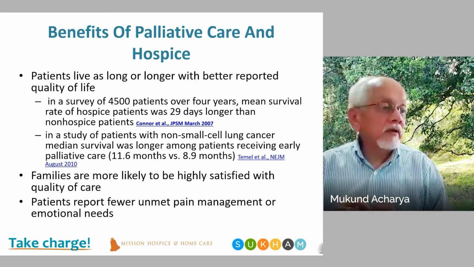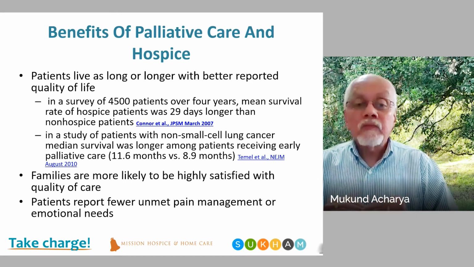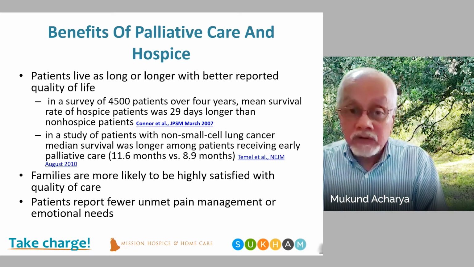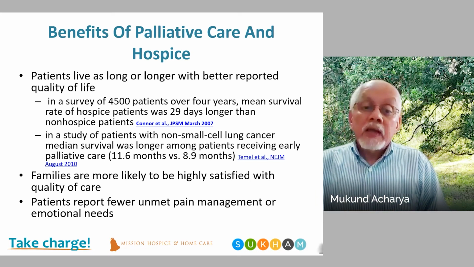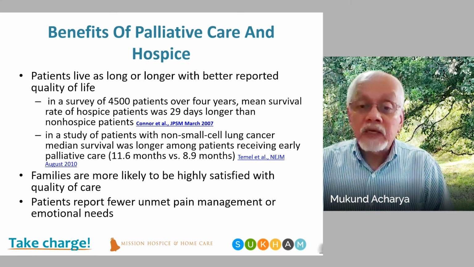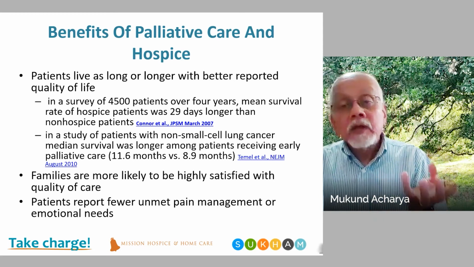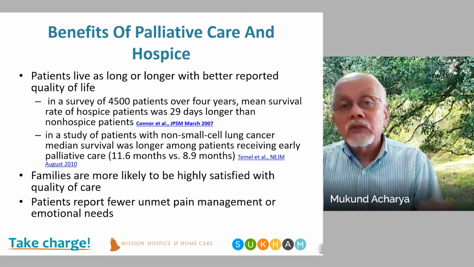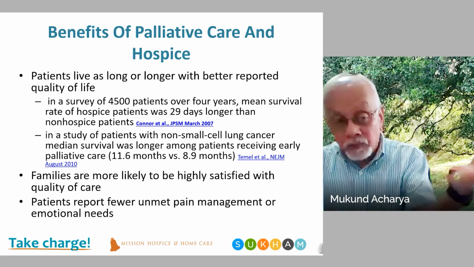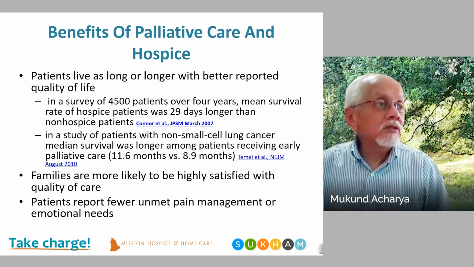Families are more likely to be satisfied with the care the patient received and with the support they received with palliative care. And patients had fewer unmet needs for pain management or emotional or other support. So there's evidence that supports the 2 graphs that Neeluji pointed out, that this is indeed the case.